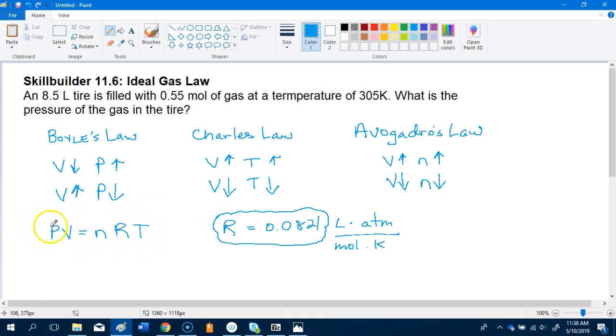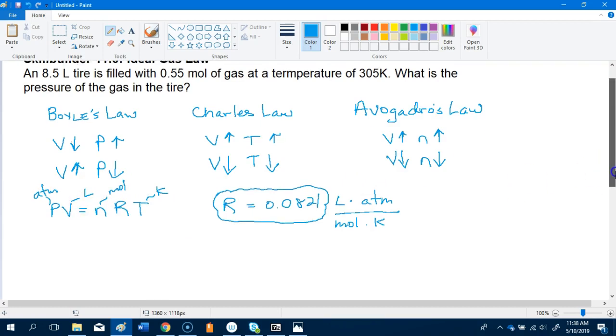Another thing to keep in mind is that pressure will always be in atmospheres, volume will always be in liters, amount will be in moles, and temperature has to be in Kelvin. If any of our variables are given in a unit other than these, we will first have to convert them before we do the calculation.